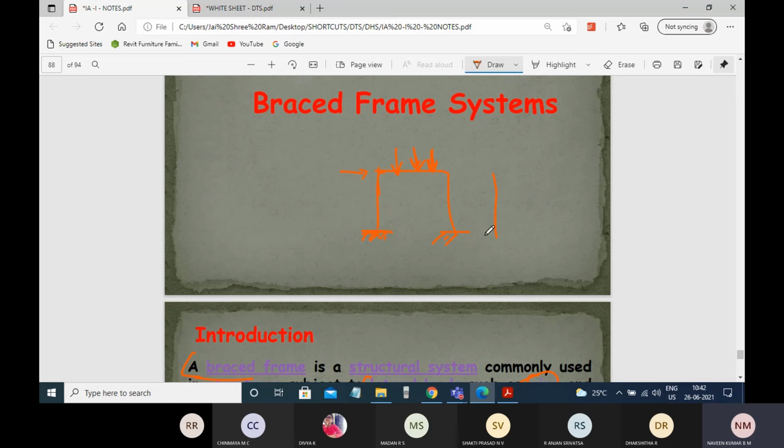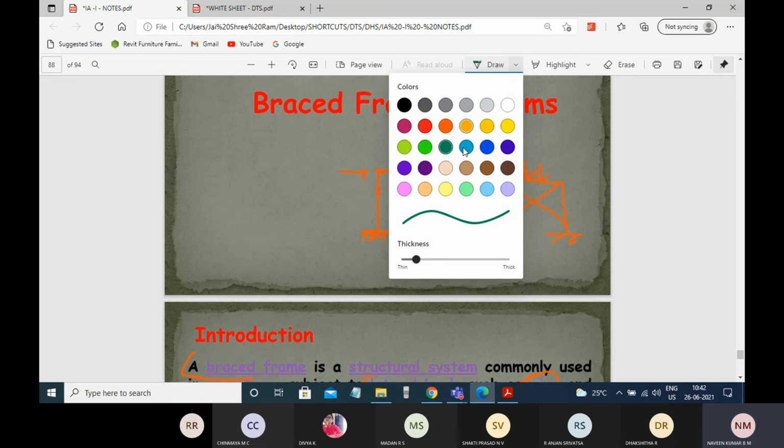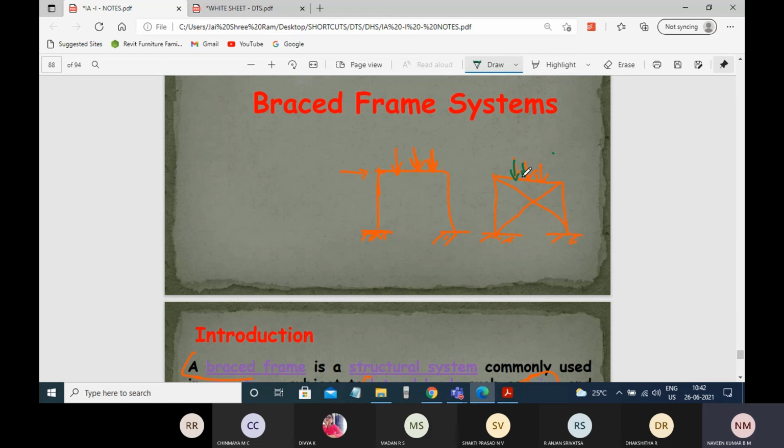Whereas in the case of braced frames, where bracings are provided, the vertical loads can be carried by the frame, that is the combination of beams and columns, and the lateral loads are carried by these particular bracings.